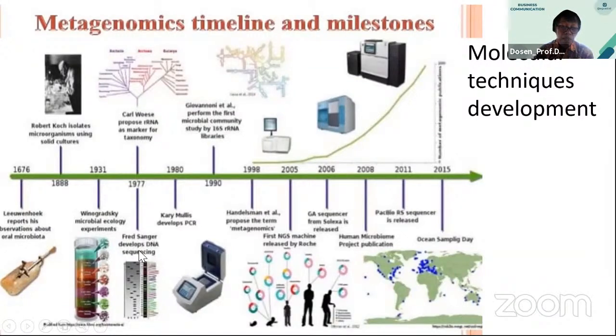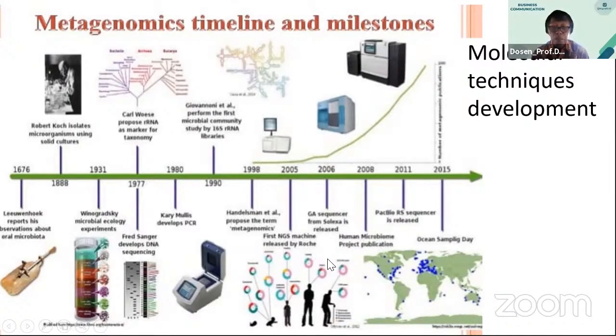At that time the first sequencing technique was established by Dr. Sanger, Prof. Sanger, and then in 1990 PCR by Kary Mullis became molecule of the year. Then from 1995 until 2005 the human genome was sequenced.